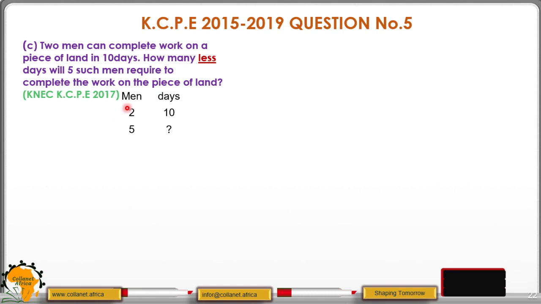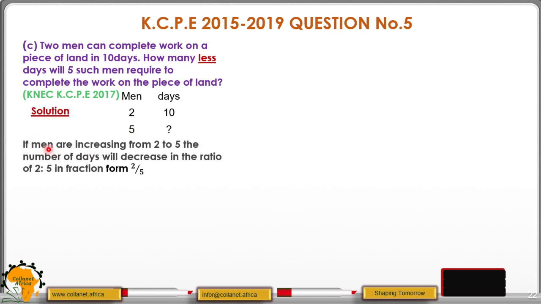So the solution: in this case we have men and we have days. 2 men complete the work in 10 days. What about 5 such men? If men are increasing from 2 to 5, then the number of days will definitely decrease, because they are more and they are working on the same piece of land, so they will use less days.